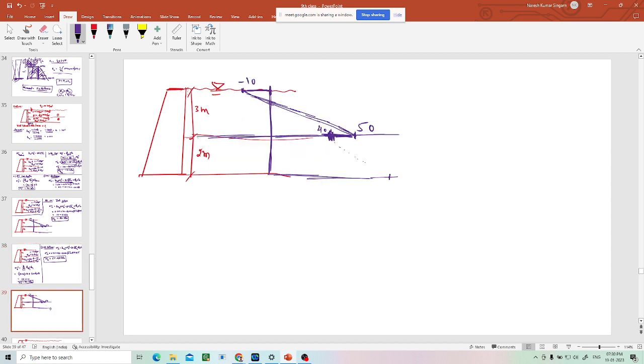So this is the earth pressure diagram, the sigma H diagram, right?